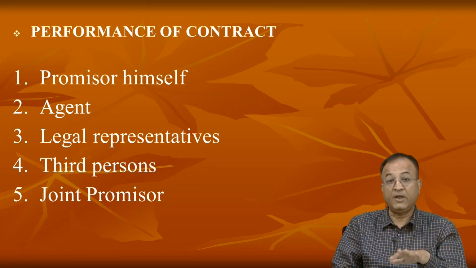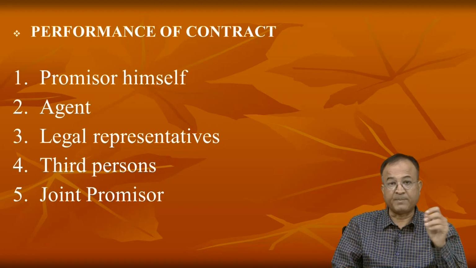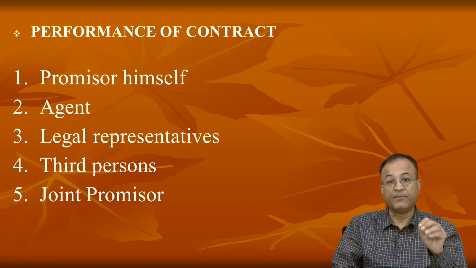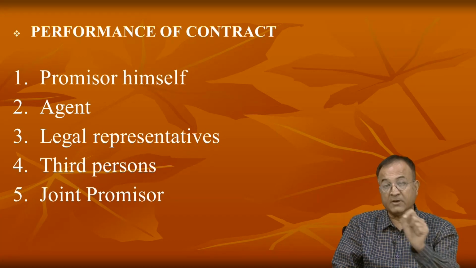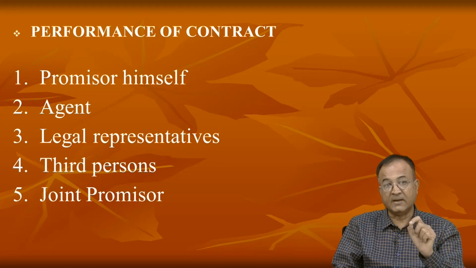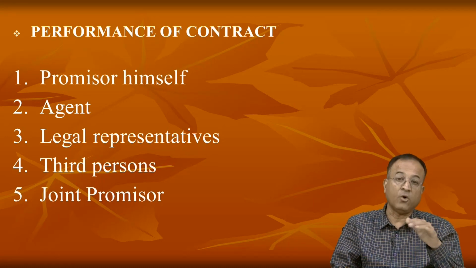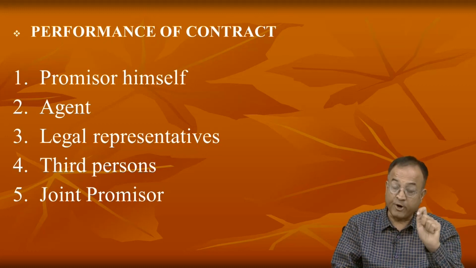If any of them dies, his legal representative must jointly with the surviving promisors fulfill the promise. If all of them die, the legal representatives of all of them must fulfill the promise jointly.